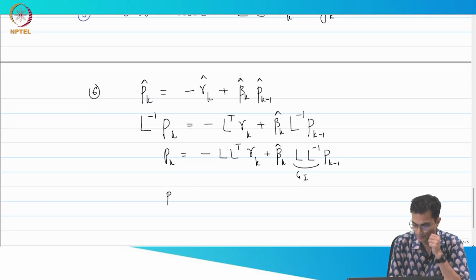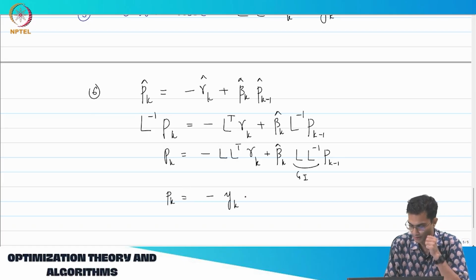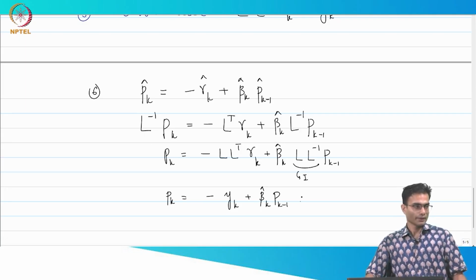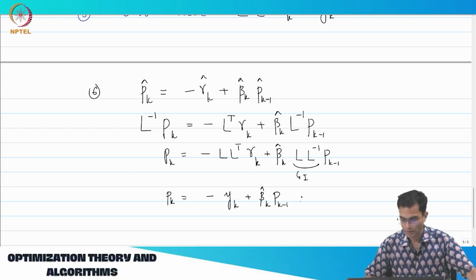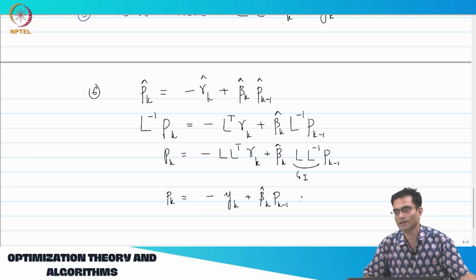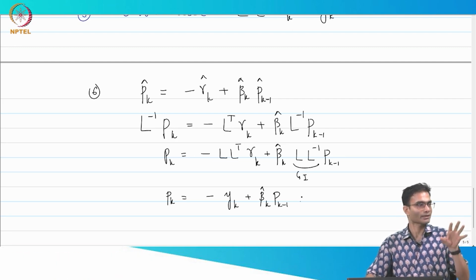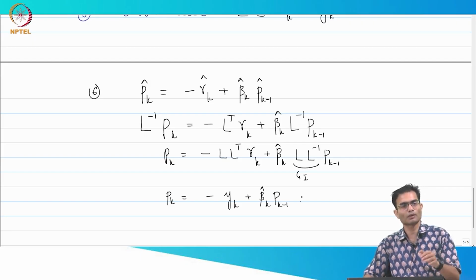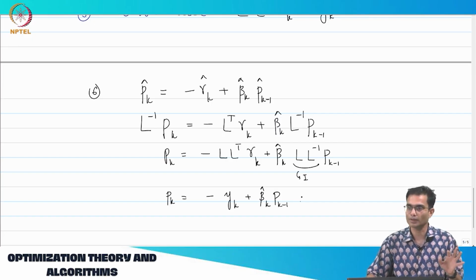So the new relation I get is pk is minus yk plus beta hat k pk minus 1, right, not bad. So this is sort of telling me that even though I have the new hatted system, A hat x hat equals b hat, my update equations I seem to be able to work with my pks, with the exception that there is one new guy yk floating around.